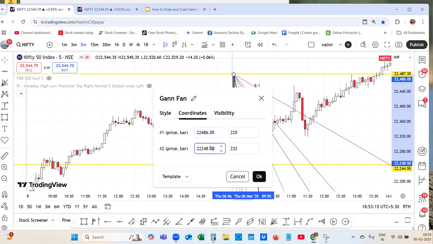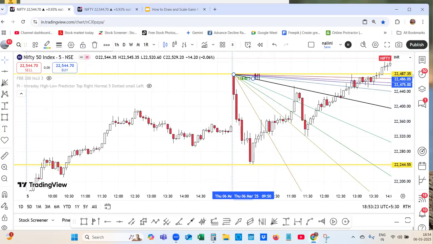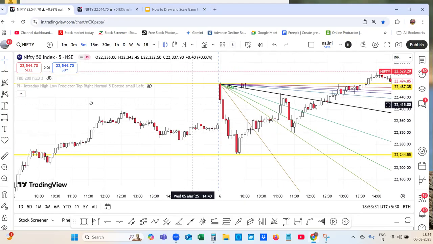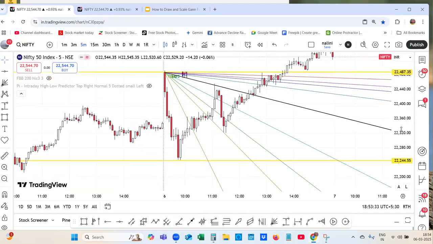So I'm adding 22,475 and clicking OK. This is how the Gann Fan started adjusting to the level.